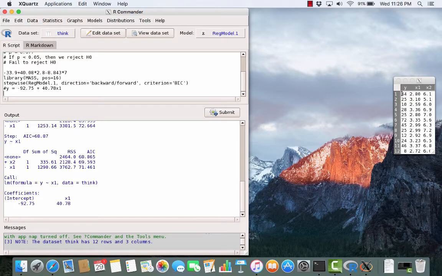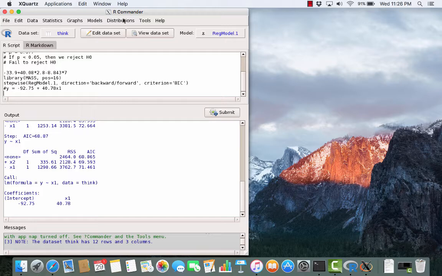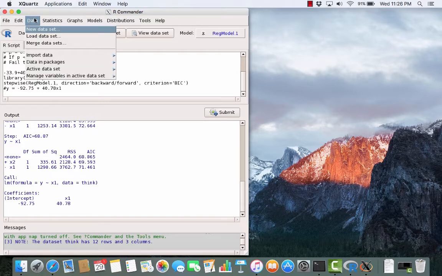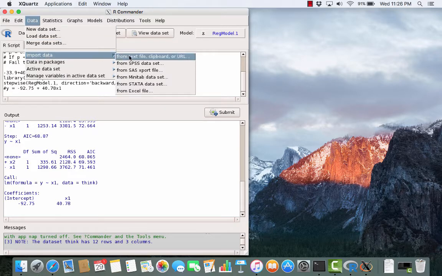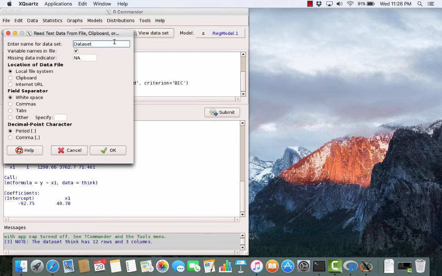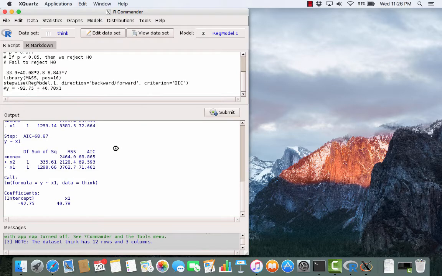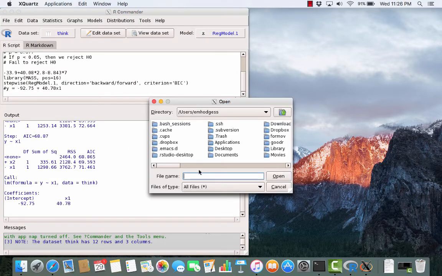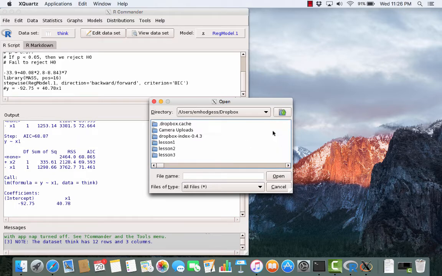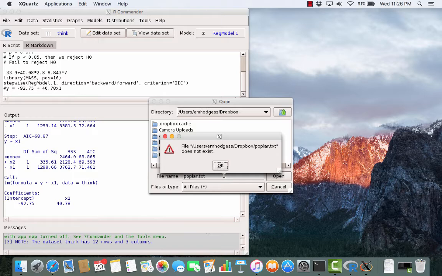Okay, so let's put this baby together. Let me close out the data set over here. You're going to have data, import data, and let's just call it poplar. And go into Dropbox, poplar.txt. What do you mean it doesn't exist?